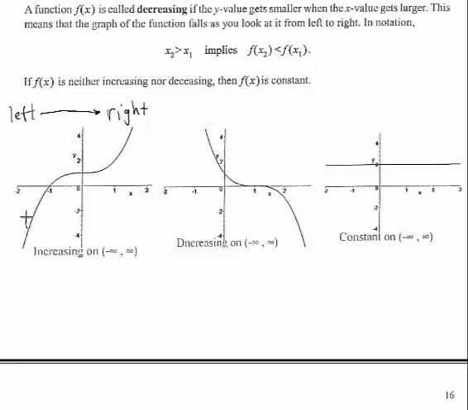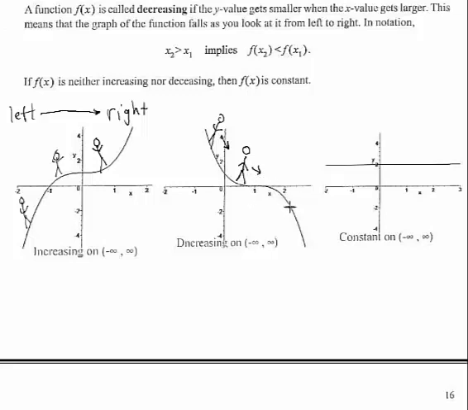Okay, if I were to walk along this curve, with each step I would reach a higher and higher point on the y-axis. Okay, with this particular one, if I were to travel from left to right, I would always, with each step to the right, go downhill.